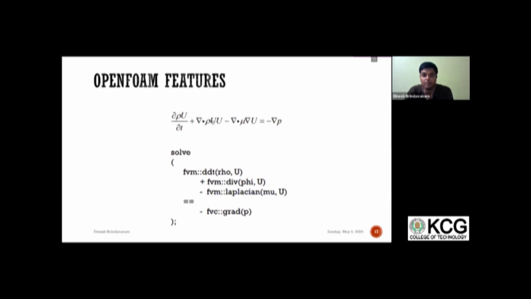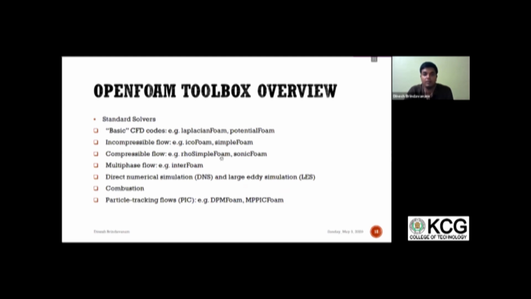So this simple equation, now you see how it is written on the OpenFOAM platform. This is basically written in the C++ language. So this equation is built like this. I'll give you a glimpse of it. This is the finite volume method applied over the differentiation with respect to time of rho into u, which is this part, plus the finite volume method of the divergence over phi and u, and minus the finite volume method of the Laplacian.